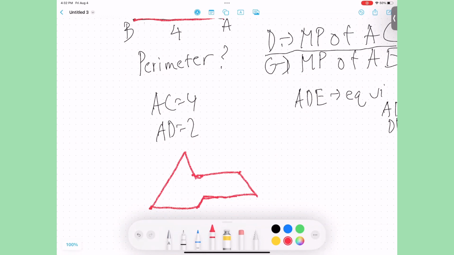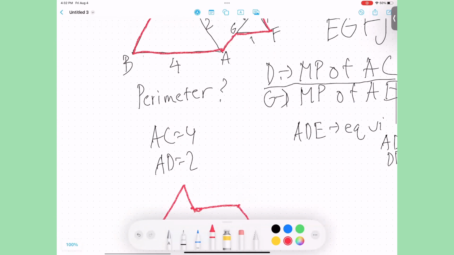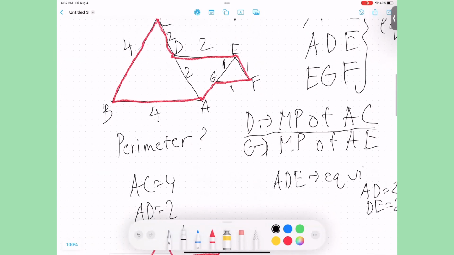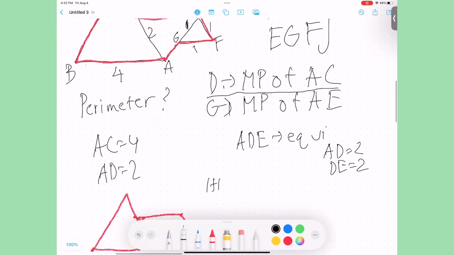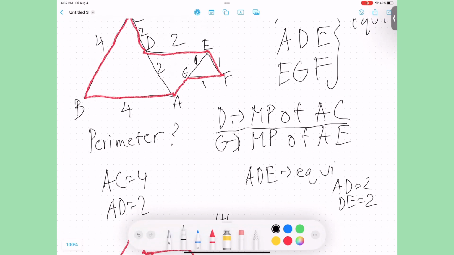These are the side lengths of the figure, not the ones inside the figure. The ones inside the figure don't really count for anything. So here AD and EG are not counted. If we add everything else up, we get 1 plus 1, because we count everything except EG, which is EF and FG.